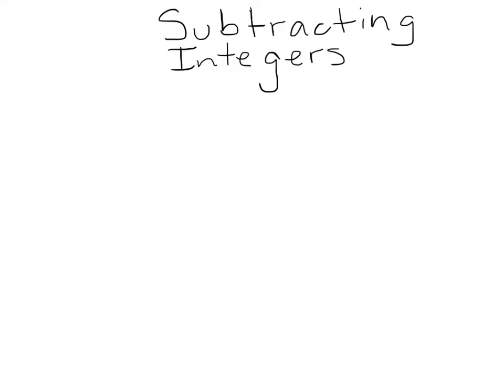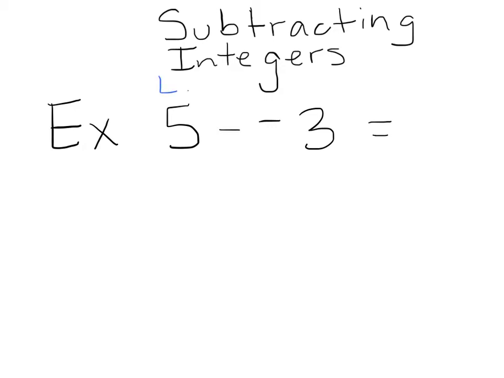So we can start with an example of subtracting. Let's say I have 5 minus -3. What does that equal? Well, I'm going to start with my LCO. First of all, I'm going to leave 5.